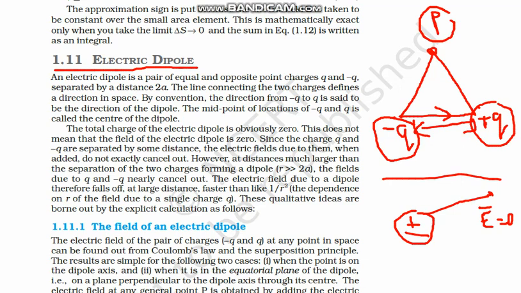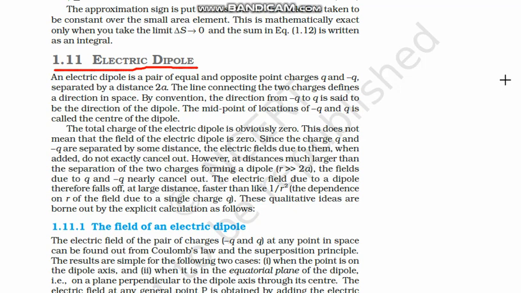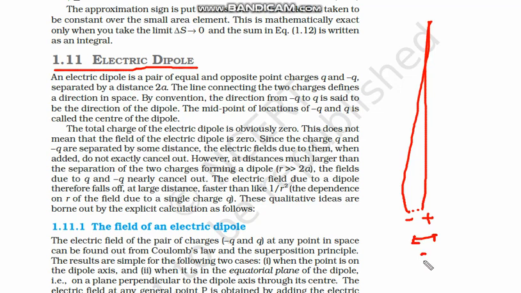Let us take another case where P is very far. So here it is P. This is charge 1, the negative charge, this is the positive charge, and this distance is quite large. The dipole distance is 2a and this distance is r.